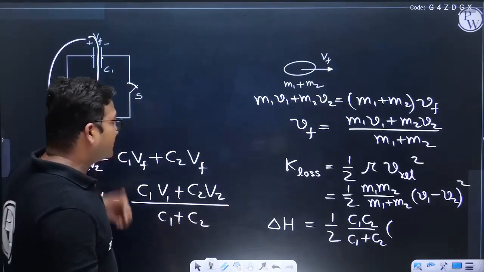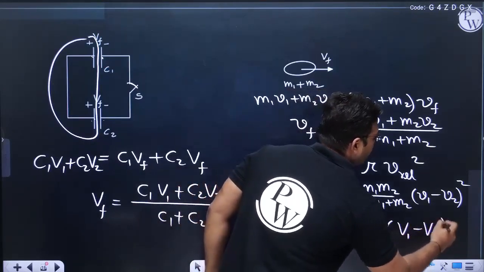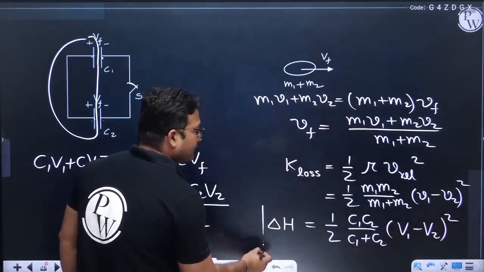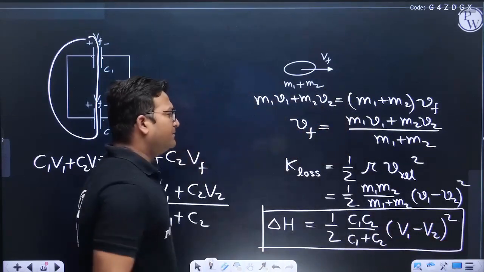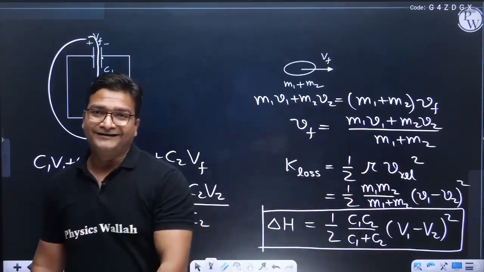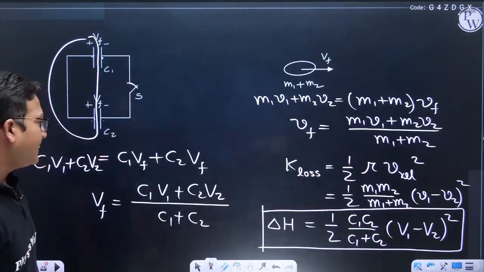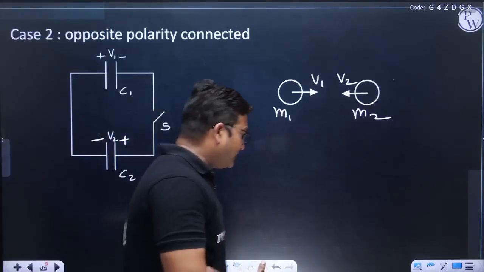So relative potential difference becomes V1 minus V2 whole square. That is the heat loss. Just remember this formula by remembering the small formula half mu V relative squared. So before jumping into problems, let us understand this.